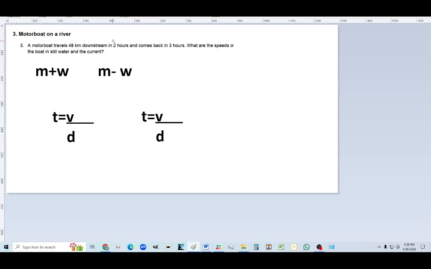Okay, well, our time one way. The shorter time always goes with the plus, with the wind, because it takes less time with the wind. And the longer time always goes with the minus. Oh, was it velocity? No, sorry, it's distance over velocity right there. I screwed that up.